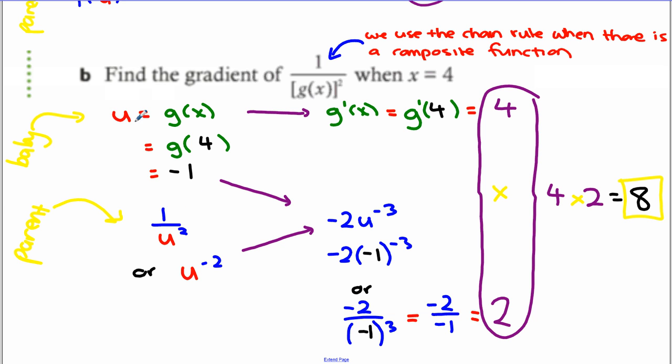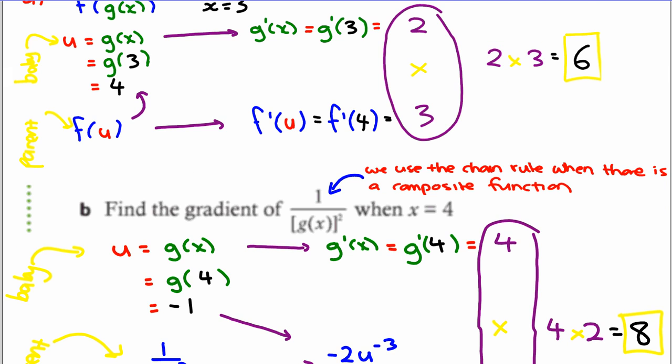We need the derivative of the baby function and the derivative of the parent function, and then we times those two together. If baby is g of x, then the derivative of the baby function would be g dash of x. And they say at x equals 4. So g dash of 4, let's get that from the table.